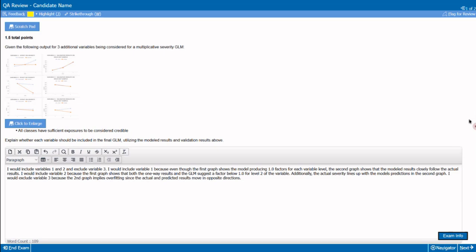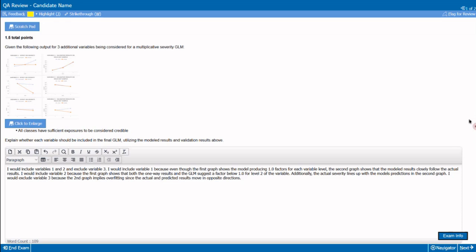So the candidate has responded to include variables 1 and 2 and exclude variable 3. The candidate also made reference to the predictive values for each of these and the model fit as well. The candidate was able to correctly determine that variable 2 should be included and variable 3 should be excluded, but incorrectly determined that variable 1 should be included.